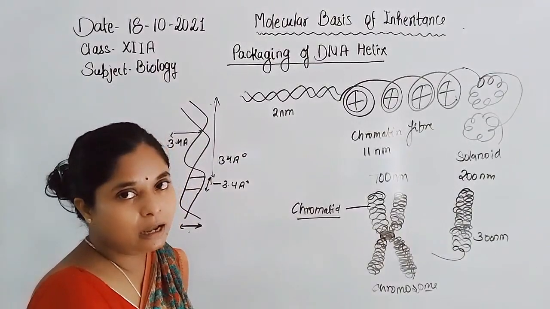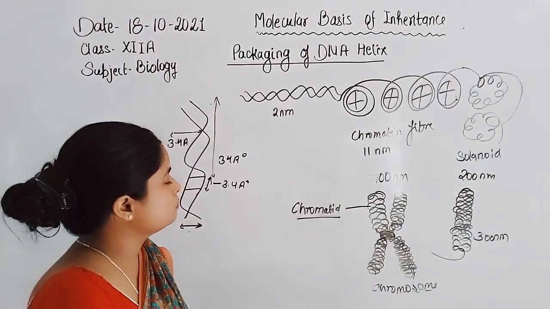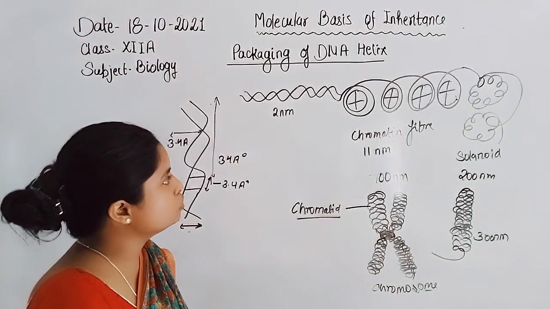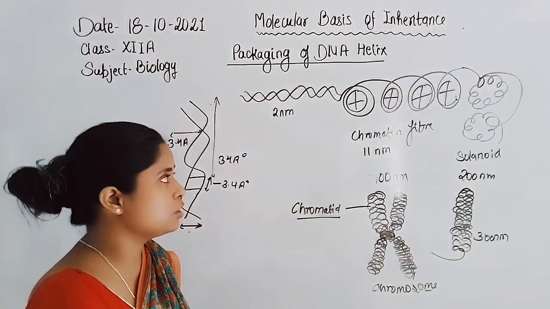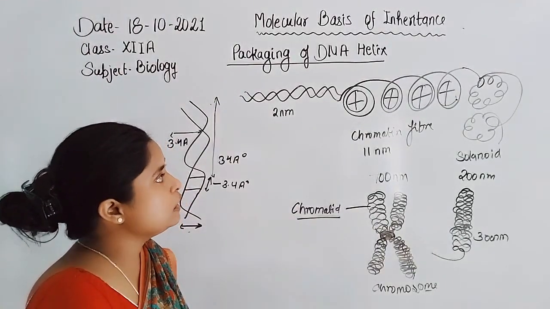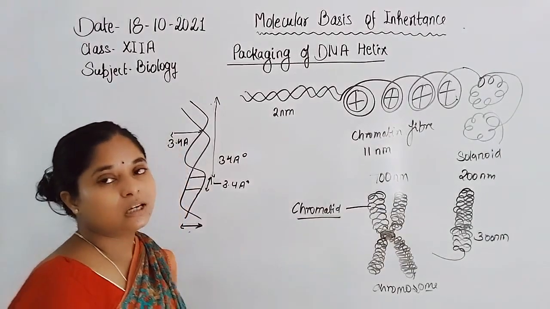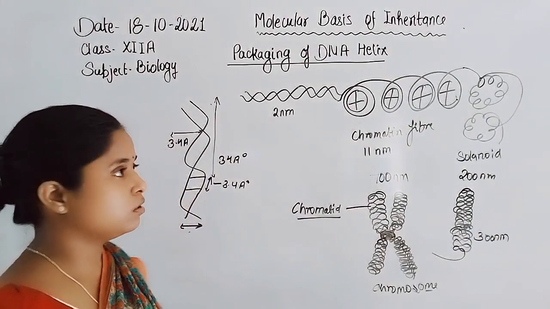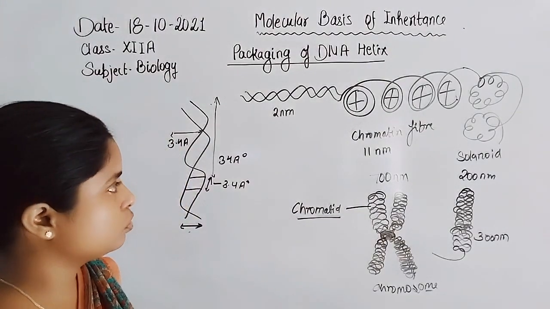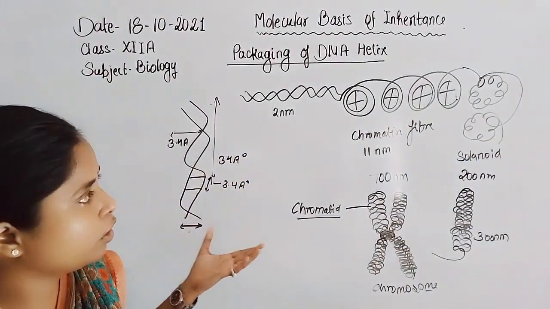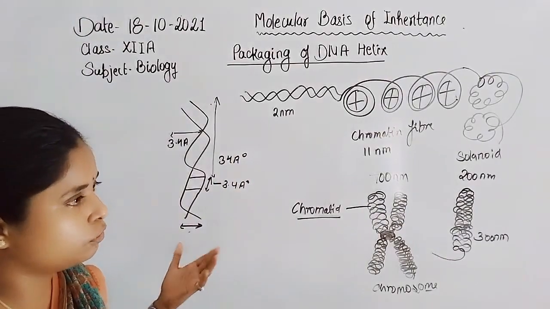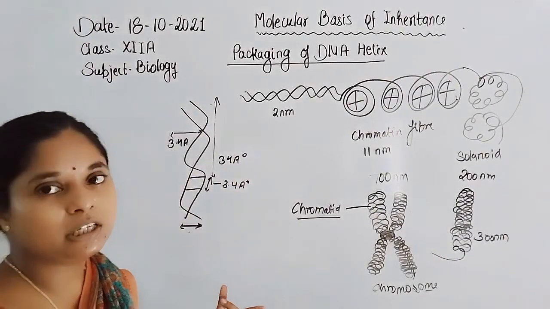Now whenever they need to synthesize protein or undergo gene expression, the coiling is opened by the HDAC protein or HAT protein. Acetylation and deacetylation of histone octamer, the histone protein. So HAT or HDAC is involved in gene expression.